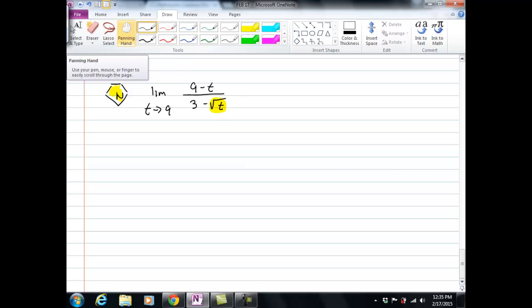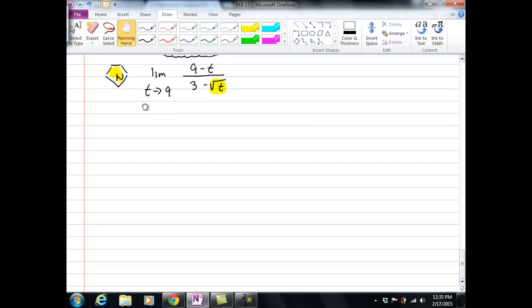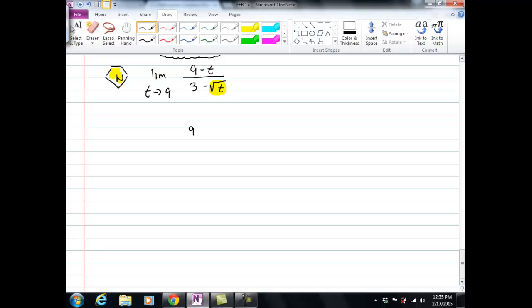To do that, we use the conjugate approach. In grade 11, you should have been taught something called the conjugate. The conjugate really is the whole entire thing on the bottom. So here's what I'm going to do. Copy this down if you're lost. 9 minus t over 3 minus root t times, and here's where the conjugate kicks in.